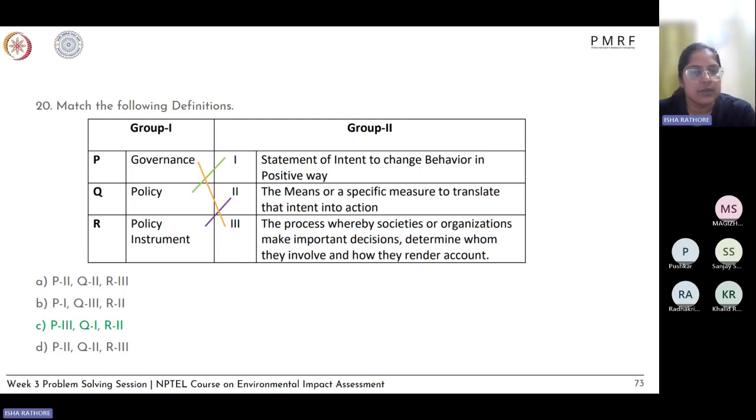Then policy is a statement of intent to change the behavior in a positive way. So Q matches with 1. And then policy instruments are the means or specific measures to translate the intent statement of a policy into action. So R matches with 2. So P matches with 3, Q matches with 1, and R matches with 2. So C is the correct answer.